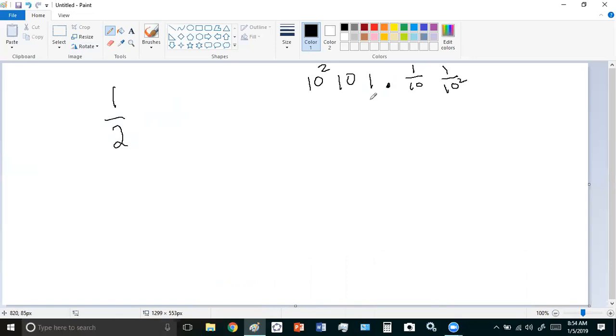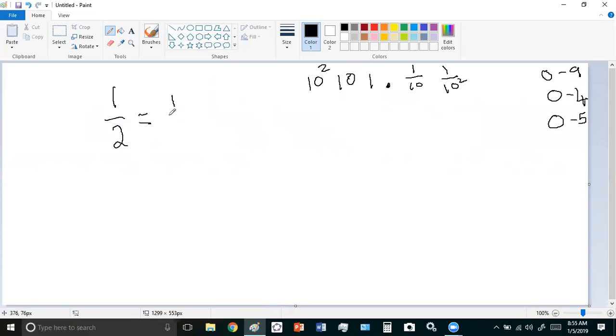All you need to do is write down some digit from 0 through 9. If it was base 5, it would be some digit from 0 to 4. If it was base 6, it would be one from 0 to 5. So let's see now how to convert this into base 10.